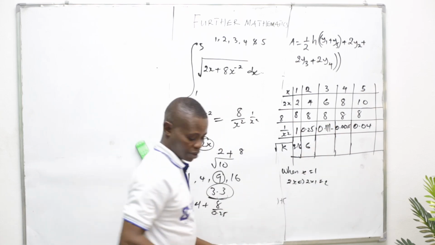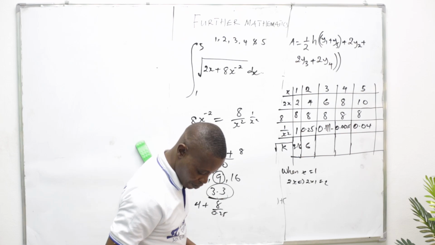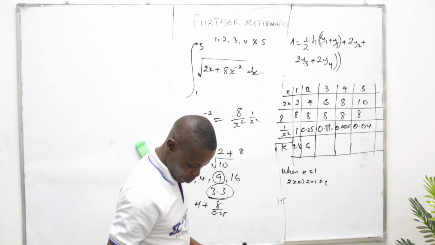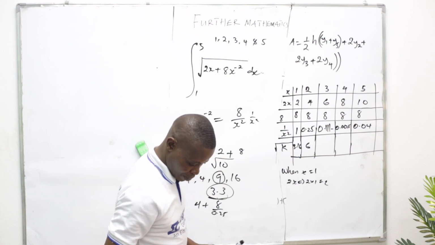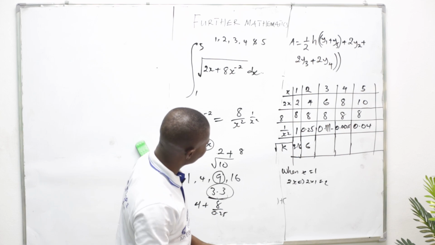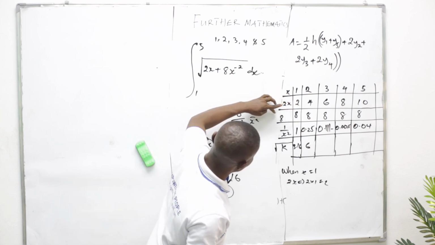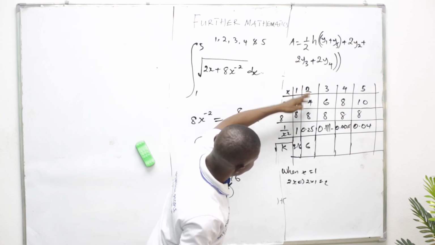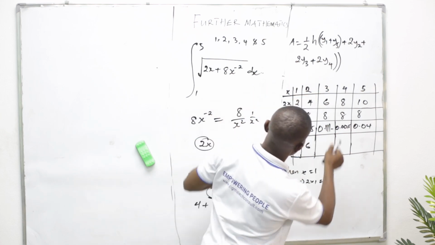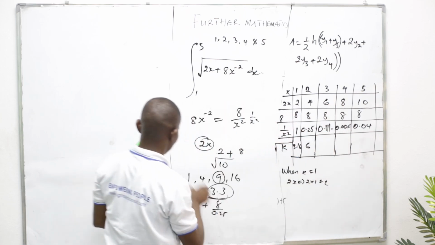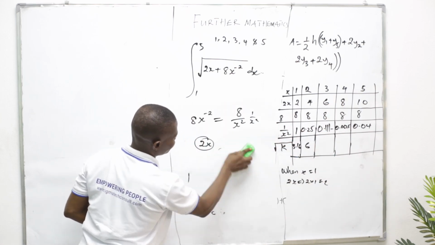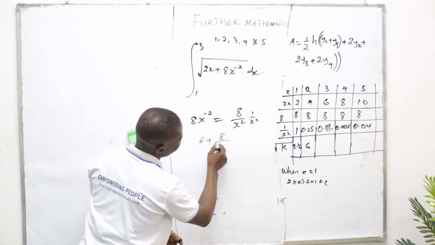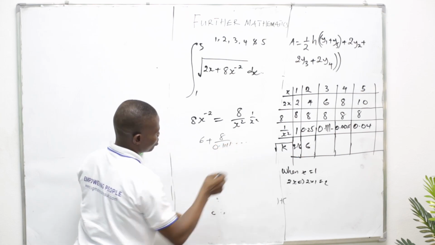Now, it is time for this. I have 8 all over 0.1111 plus 4. I think we missed something here. Okay, this is 4. We're done with this. Coming to this, okay, this is 6. It's not 4 plus. We are done with 4 plus. That is 6 plus 8 all over 0.11111.